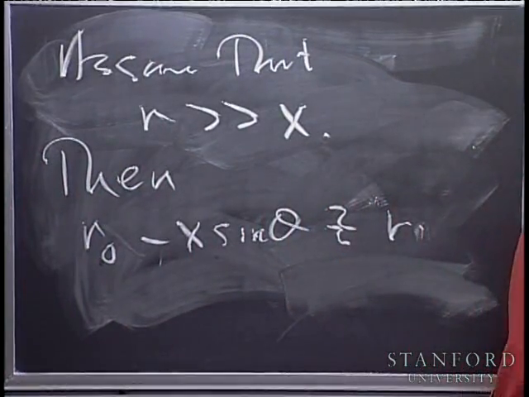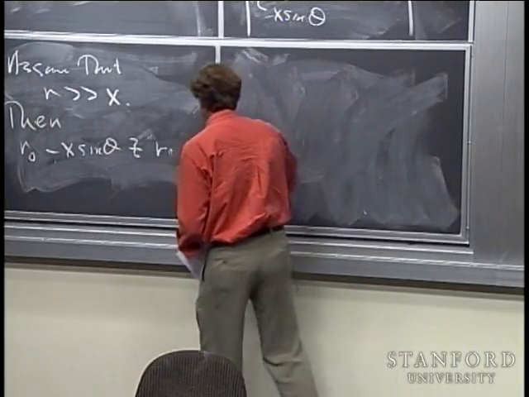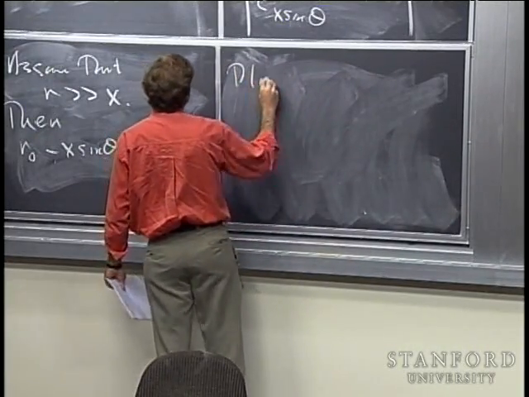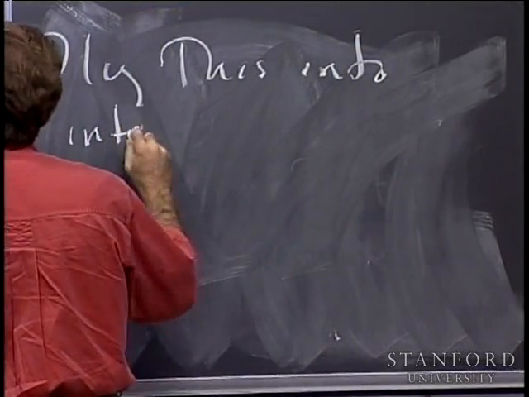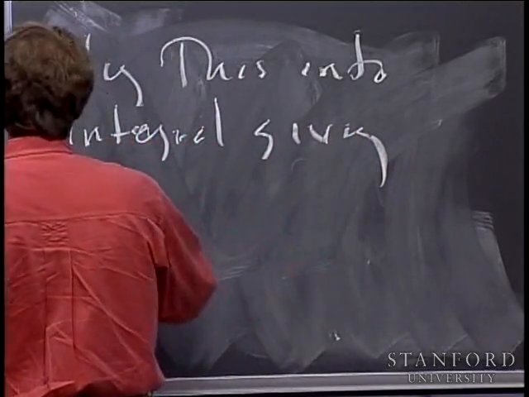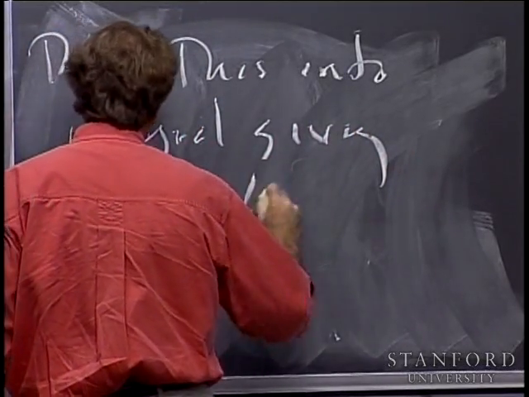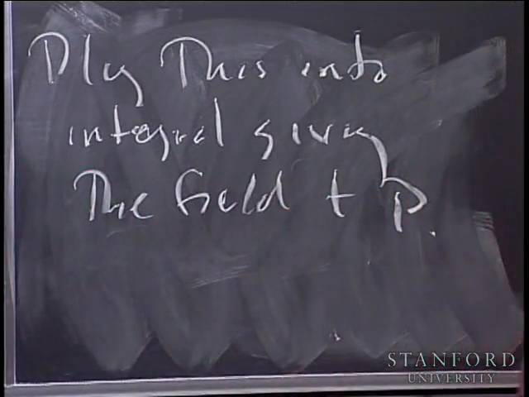So you plug this into the integral, giving the field at P. And what do you get? I'm erasing it here, but I'll write it out in just a second.